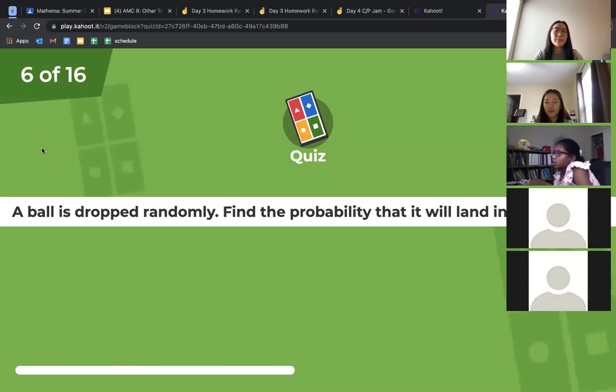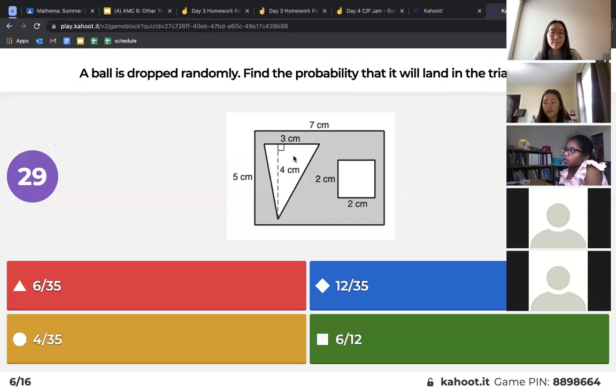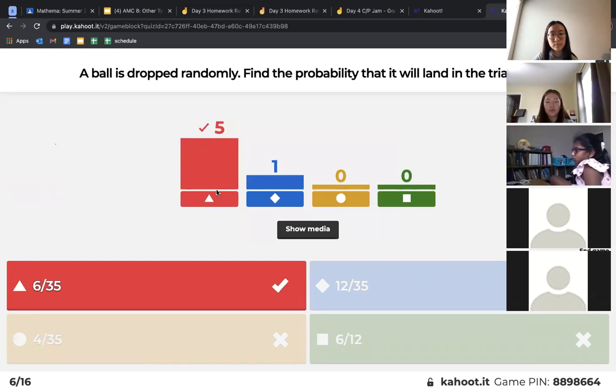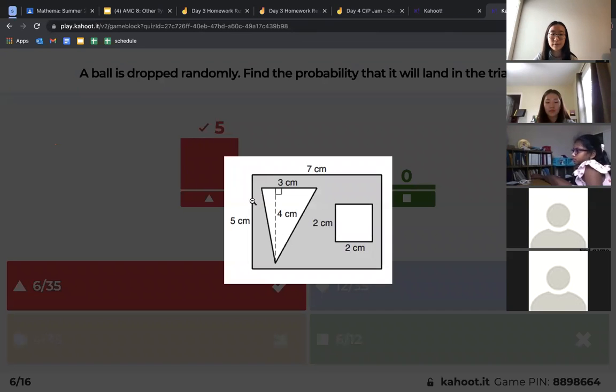Okay, now hopefully you remembered all the answers you just gave. Yep, so this one is 6 out of 35 because you just do the area of the triangle over the area of everything.